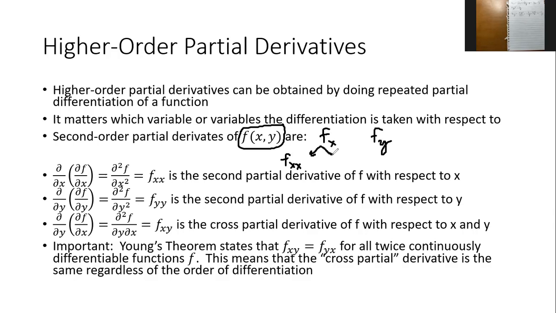But you also get fxy. And then this one will give you the 2 there, fyx and fyy.